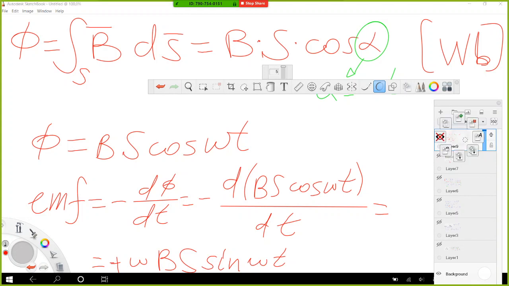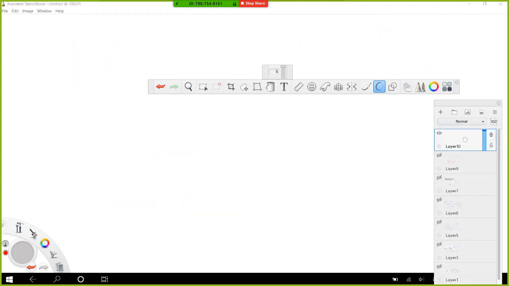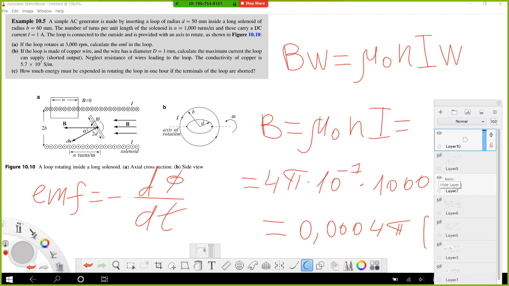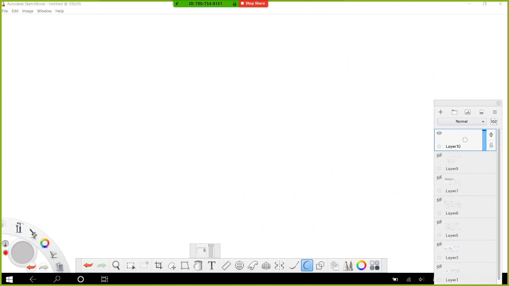So the electromotive force will be equal to omega B S sine omega t.